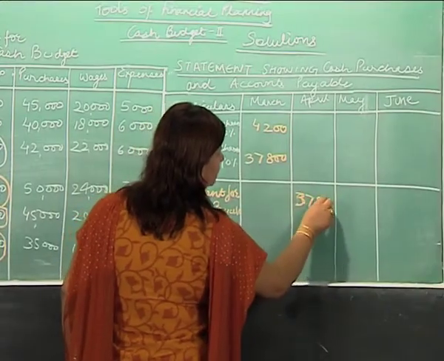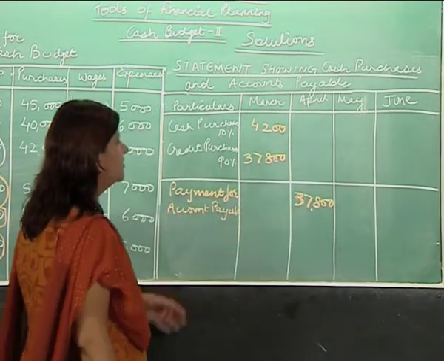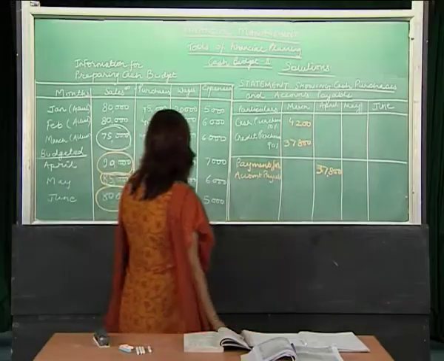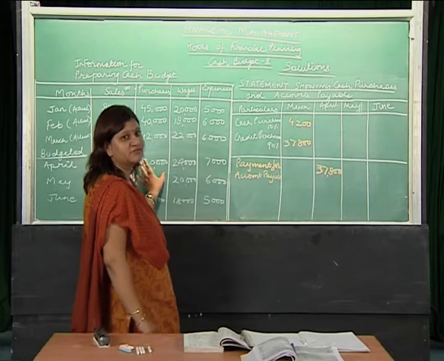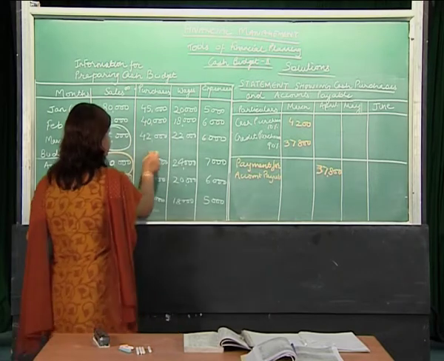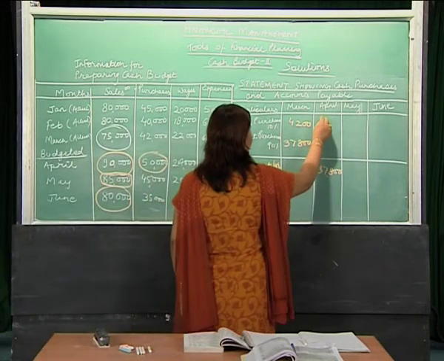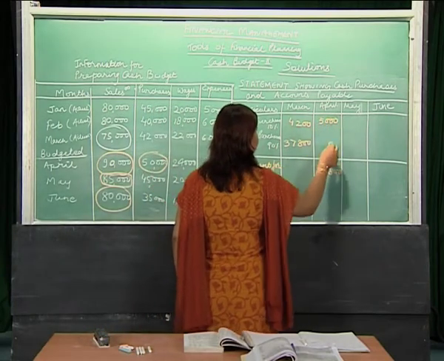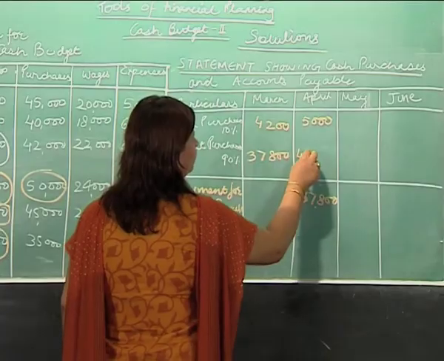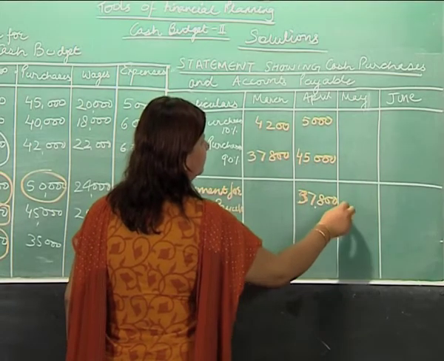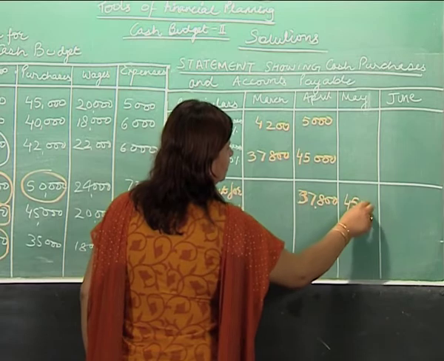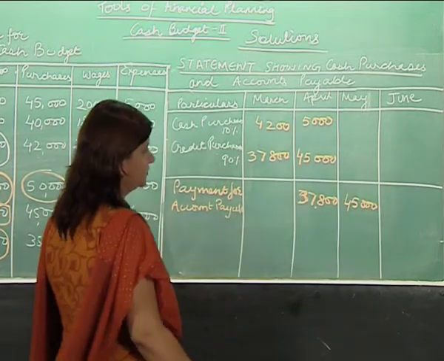It is 37,800. Similarly, for the month of April, we have the figure of purchases as 50,000. So the cash purchases will be 5,000. Credit purchases shall be the 45,000. This 45,000 shall be paid in the month of May.